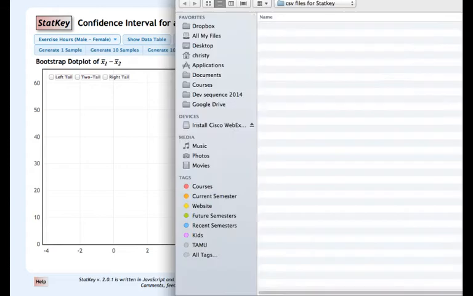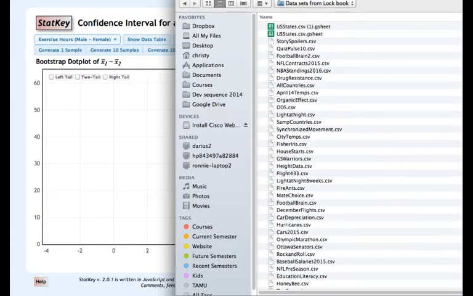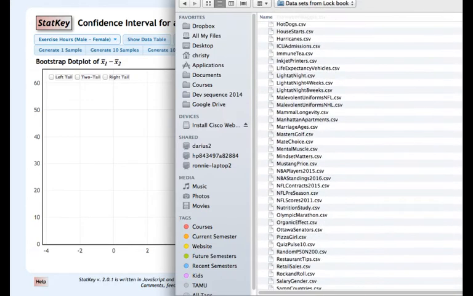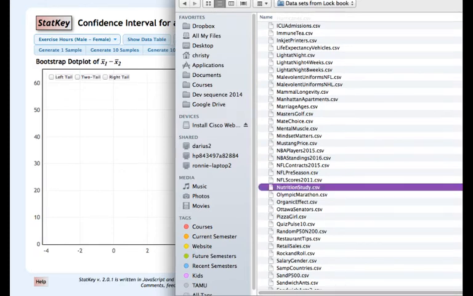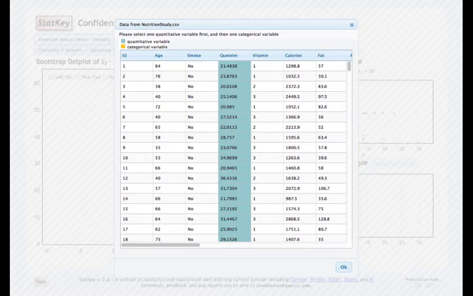I need to upload this file, nutrition study. And choose as my quantitative variable Quetelet and as my categorical variable smoke.